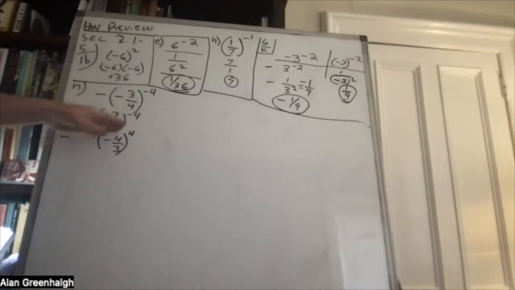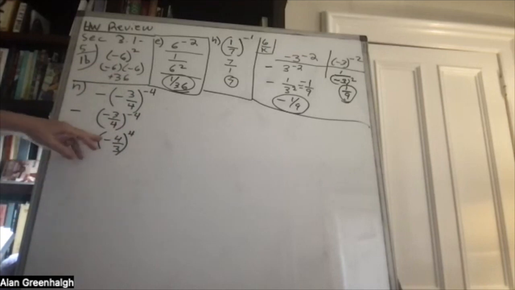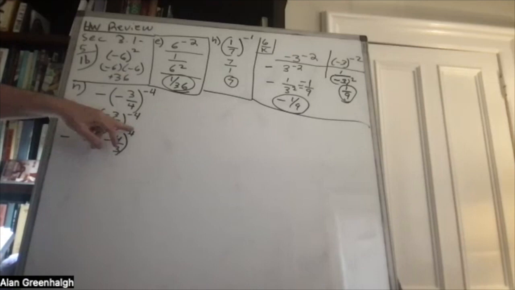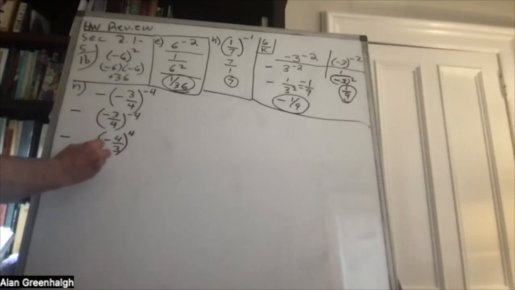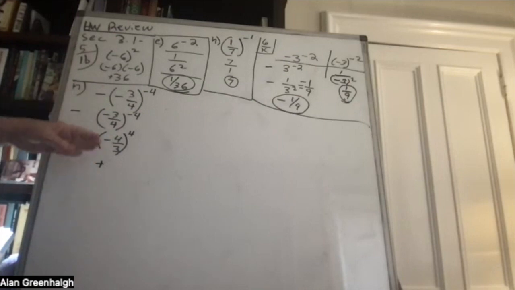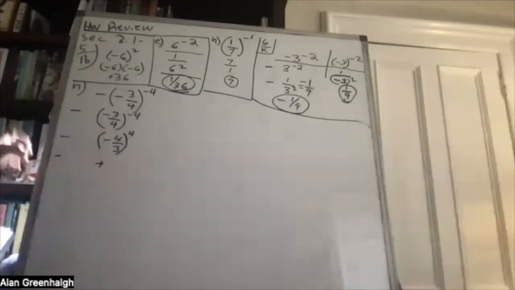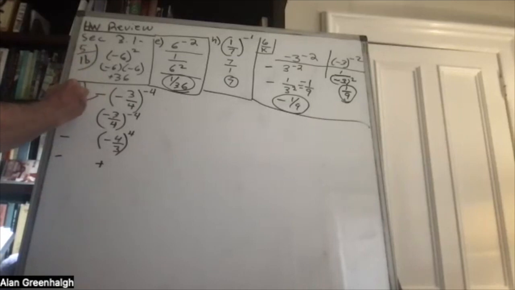Now you do negative, negative anything to the 4th power is going to come out positive. Negative to any even exponent will always come out positive. So don't worry, but that's not related to this negative that we're bringing down here.